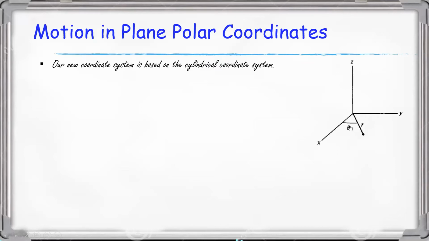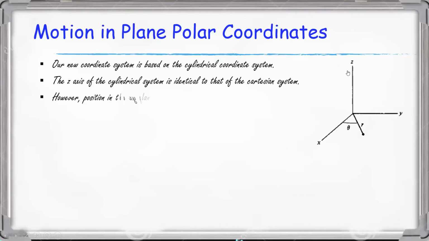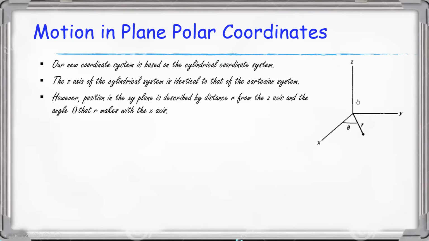It is the radius and it is the angle theta. The z-axis of the cylindrical system is identical to the Cartesian coordinate z-axis. However, the position in the xy plane is described by a distance r from the z-axis and an angle theta that r makes with the x-axis.